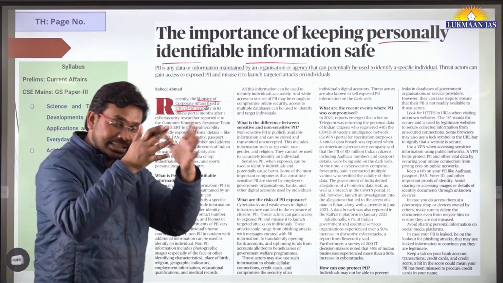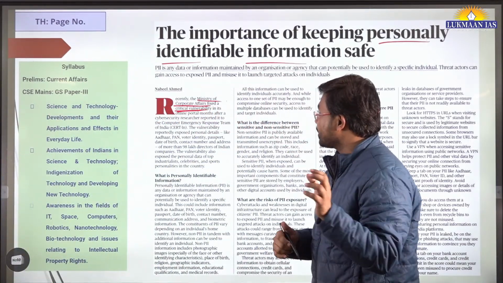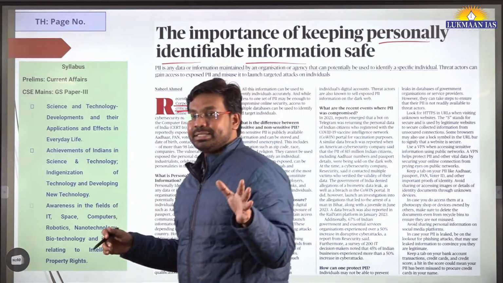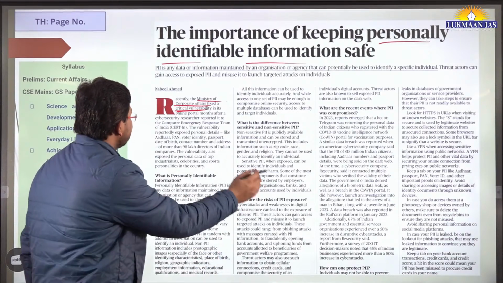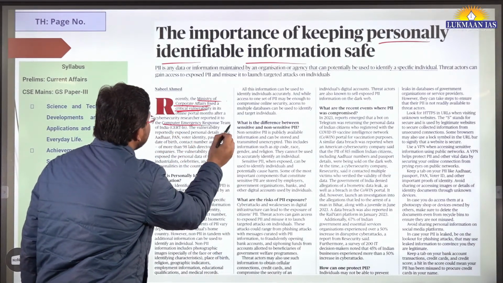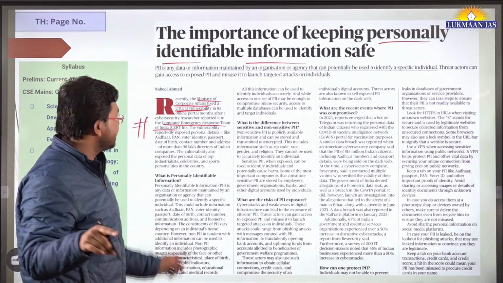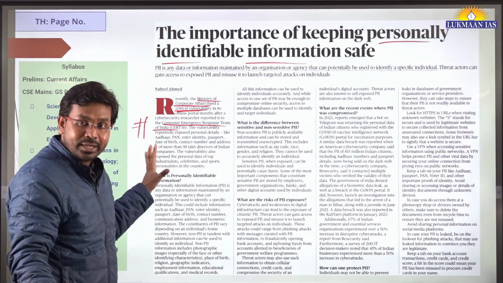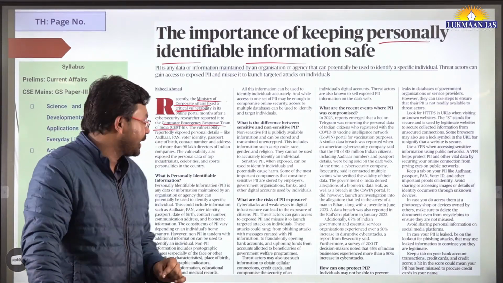So their system had a vulnerability, right, that had exposed the personally identifiable information of lakhs of Indian citizens. And recently what has happened, the Computer Emergency Response Team of India had notified this to Ministry of Corporate Affairs, and after notifying it, the Ministry of Corporate Affairs has fixed this particular vulnerability.